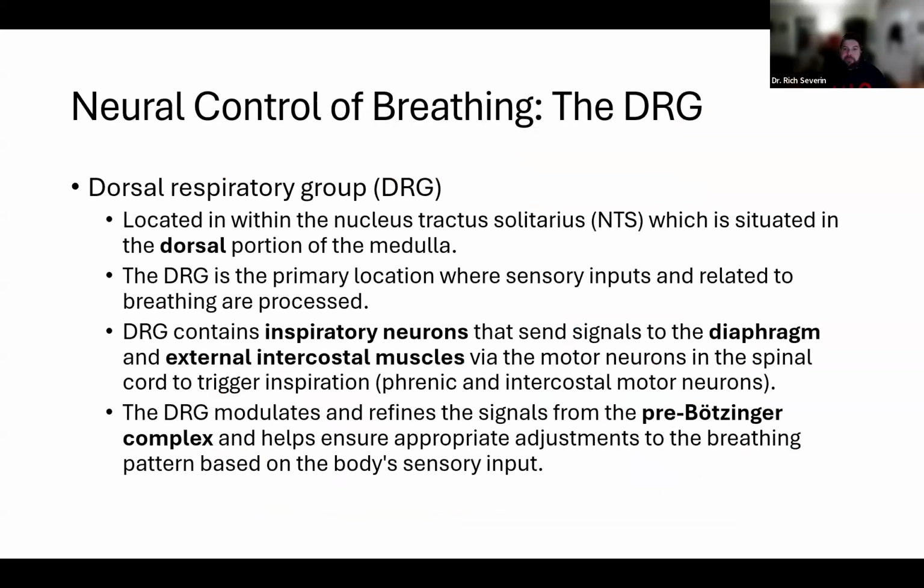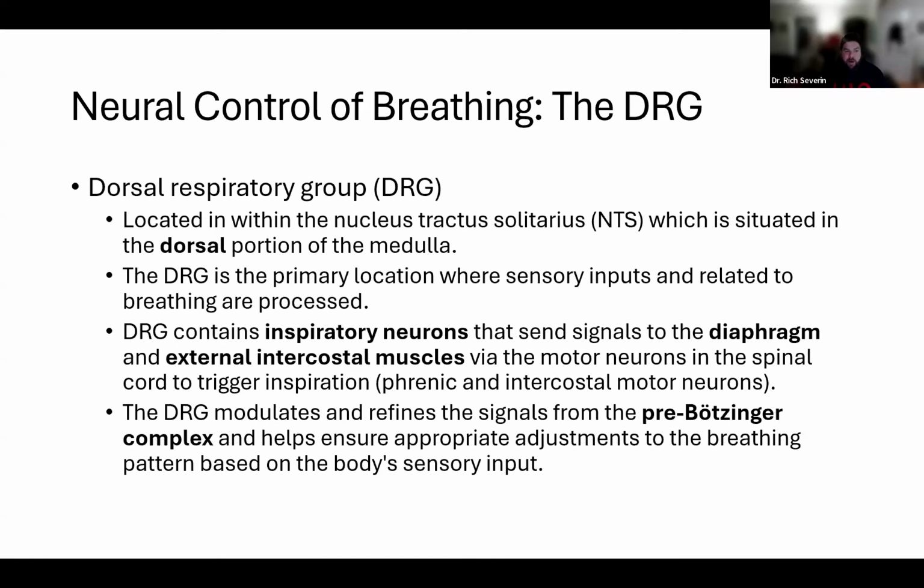Now you've got your DRG and your VRG. Your DRG is located within the nucleus solitarius tract, situated in the dorsal portion of the medulla. Basically, this is the signal processing center where it receives sensory inputs from all those different areas, processes them, and sends out signals that eventually make it down to the breathing muscles.